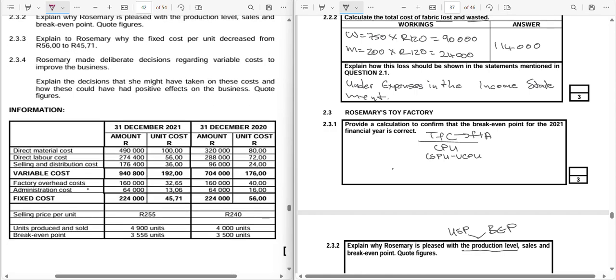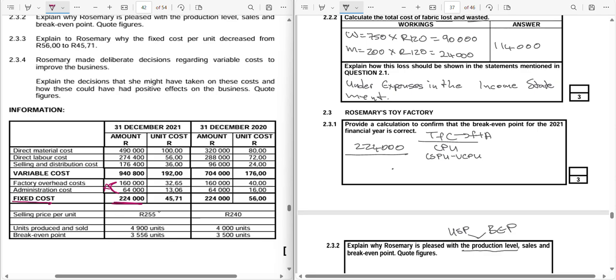Do we have fixed cost? Yes, we do. This is the 1 year. When you add the 2 years, factory overhead plus your admin, you will get your total fixed cost. We do have it, 224,000. Divide by contribution per unit. How do we get contribution per unit, Prof? Selling price per unit.